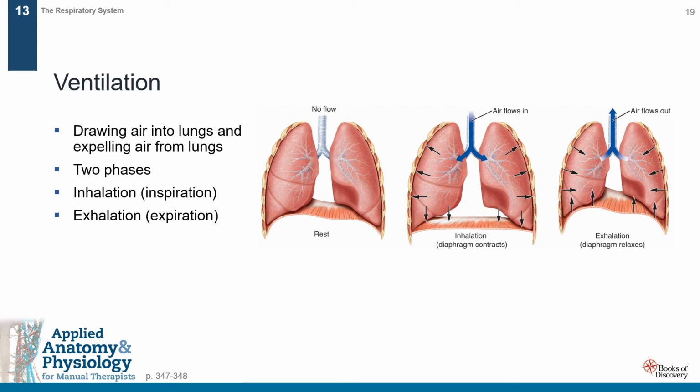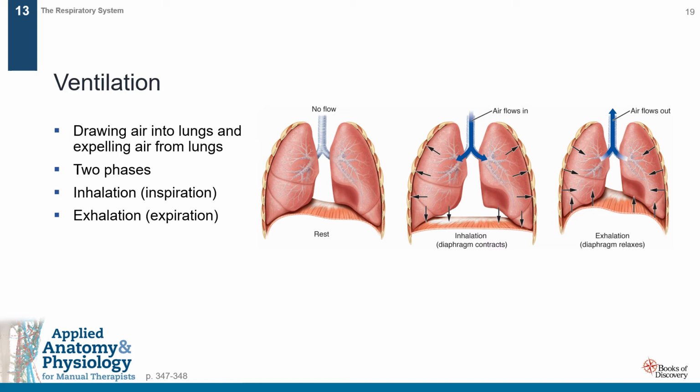The muscles that lift and expand the rib cage facilitate inhalation, while those that depress and compress it are muscles of forced exhalation. But it is the contraction and relaxation of the diaphragm, the dome-shaped muscular partition that separates the thoracic and abdominal cavities, that has the greatest influence on the size of the thoracic cavity.